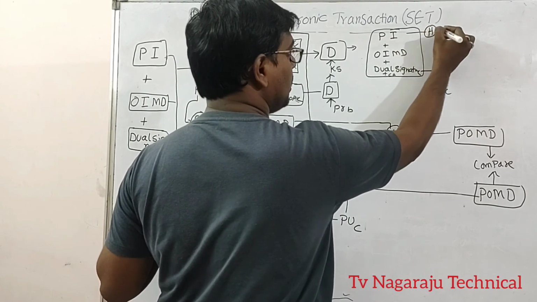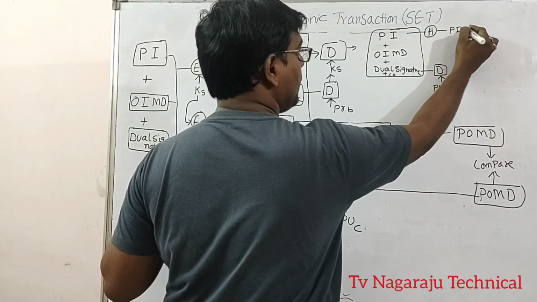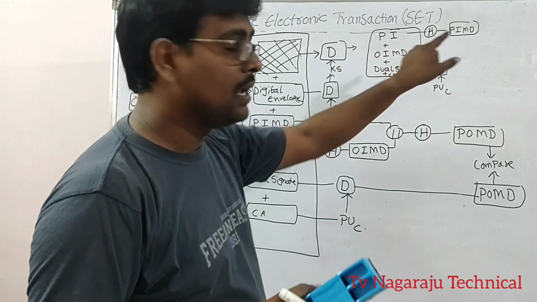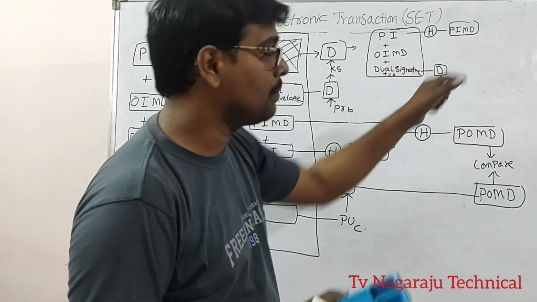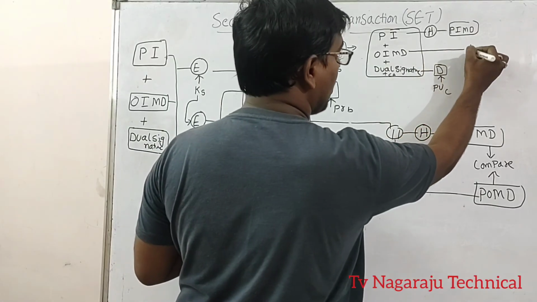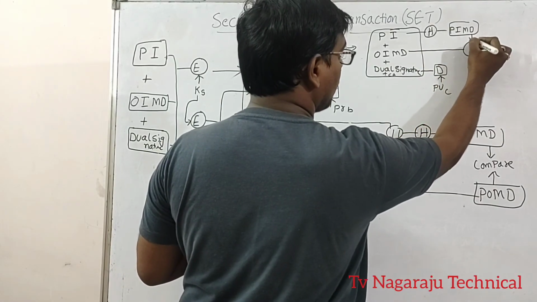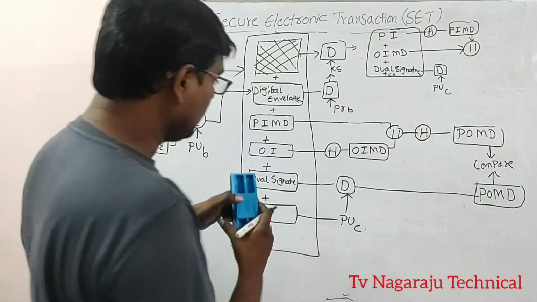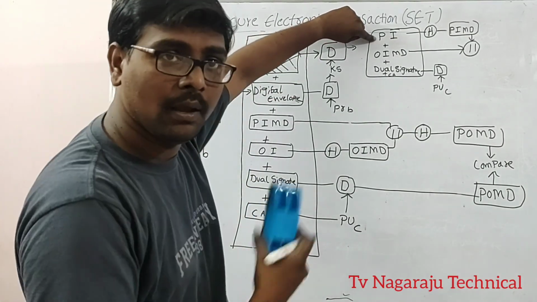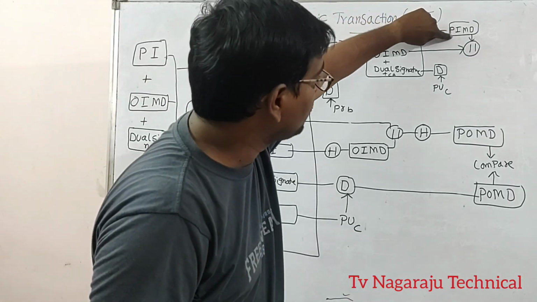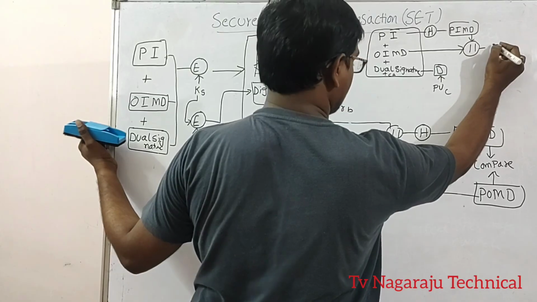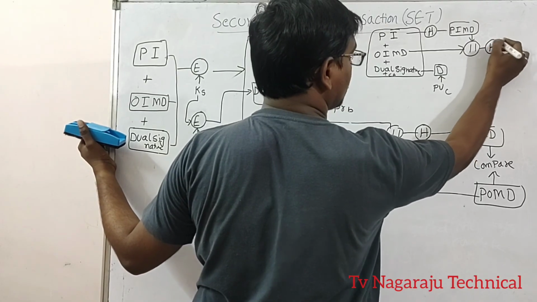Here on PI, apply hashing; it generates PIMD. Now already we have OIMD. Append. You understand? Exactly reverse. Here we are using it on OI and here you are using it on payment information. Now it generates PIMD. Append to this one. On this, again apply hashing.